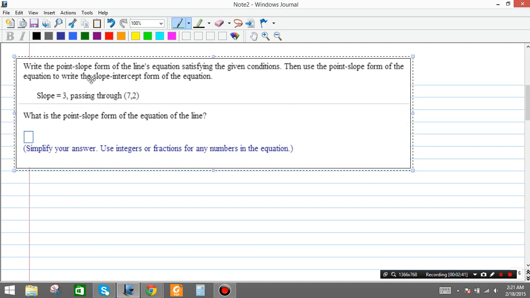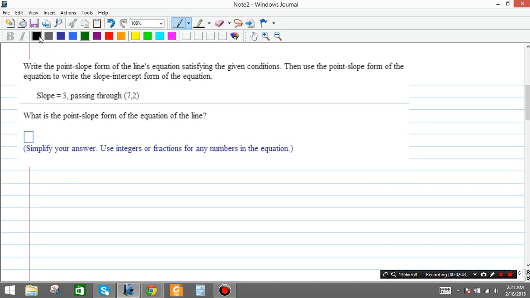Here is the crucial equation that we'll need. And it's that y minus y1 equals m times x minus x1. And so this is called point slope form.